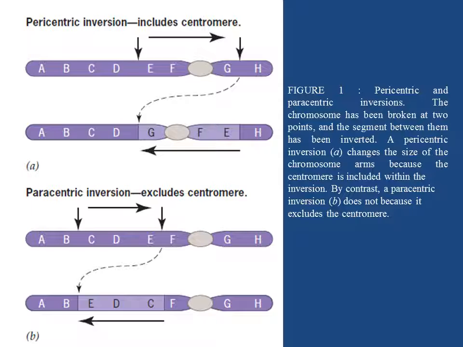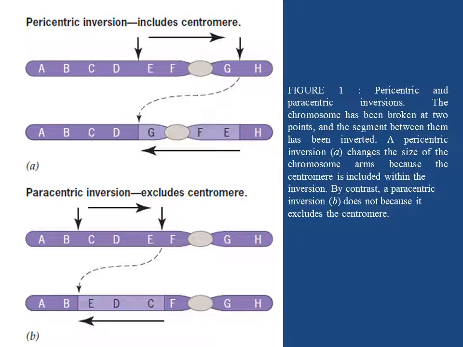As you can see, the genes present on the chromosome are labeled as A, B, C, D, E, F, G in the first diagram. And there is a cut between D and E as well as G and H. So this cut portion will be flipped and again rejoined at the same position.